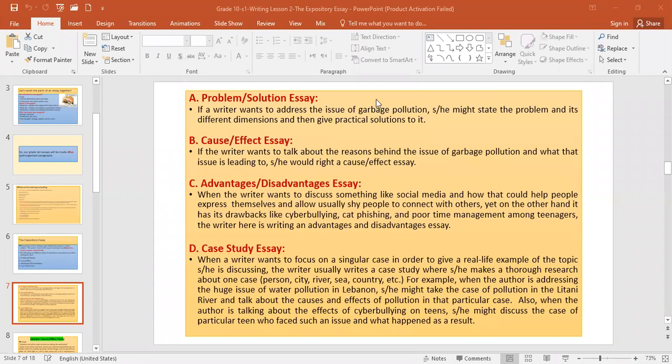For example, when the author is addressing the huge issue of water pollution in Lebanon, he or she might talk about pollution in the Litani River and talk about the causes and effects of pollution in that particular case. Also, when the author is talking about the effects of cyberbullying on teens, he or she might discuss this case of a particular teen who faced such an issue and what happened as a result. Again, this is one essay that we're going to write this year. Okay, so this is it for expository essays.